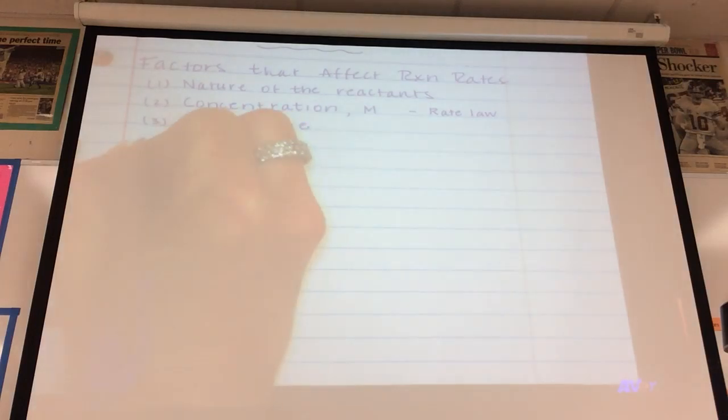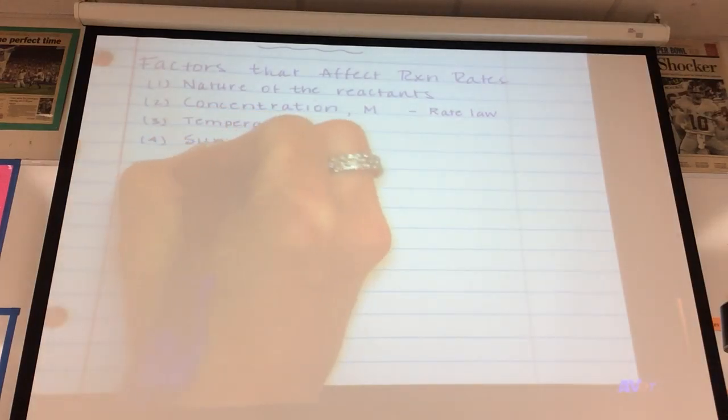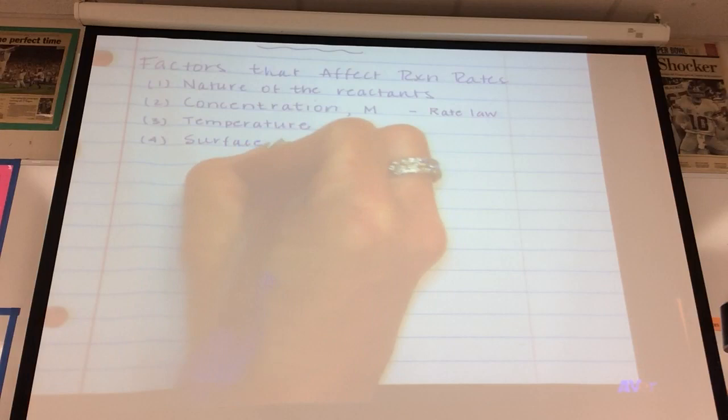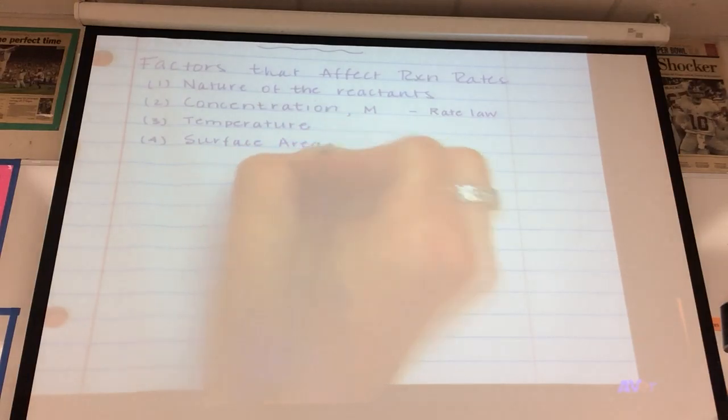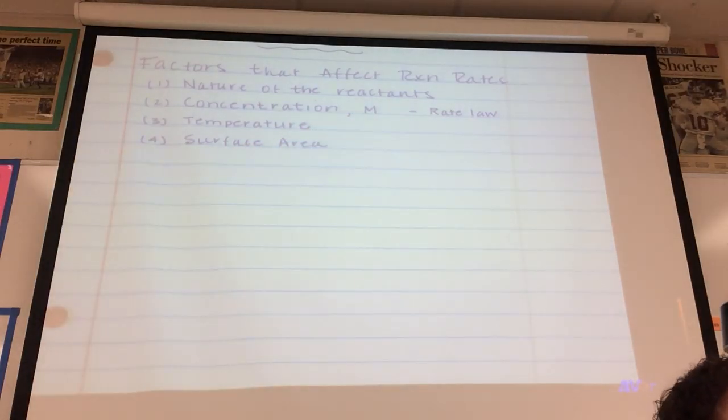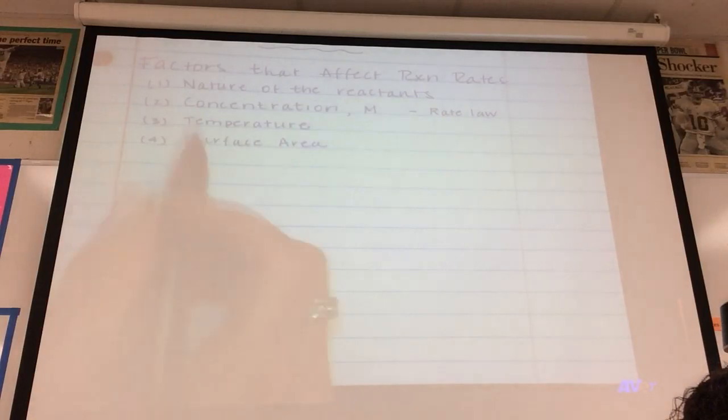Another factor is the surface area. In many labs that we have run this year, we have used powdered substances or substances that have been grinded as opposed to just a sheet of substance or a cube, etc. And you will see that surface area affects reaction rate.